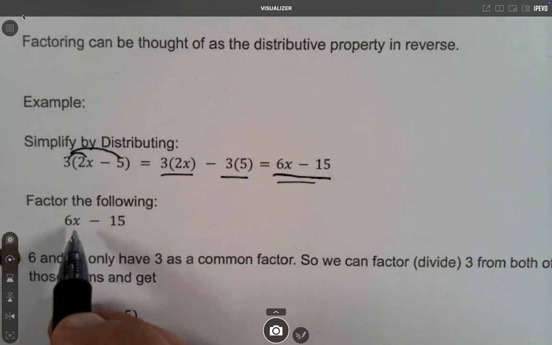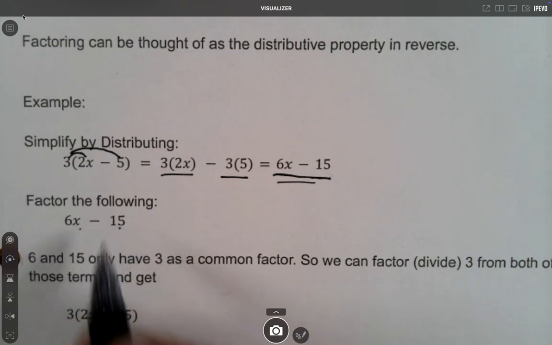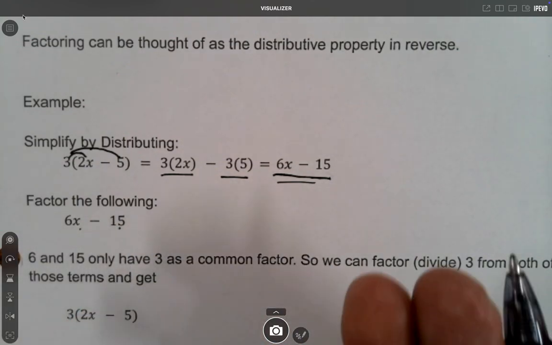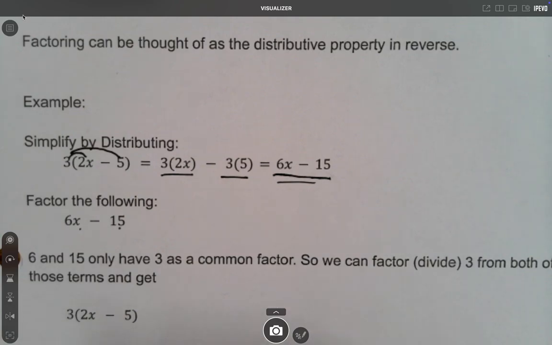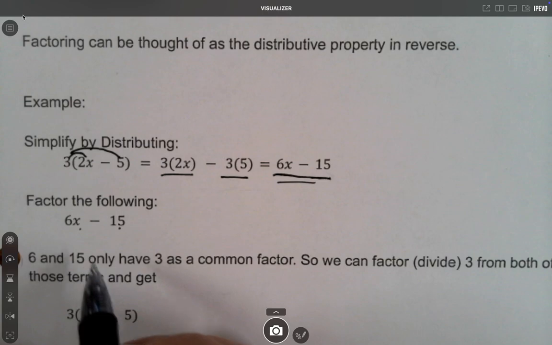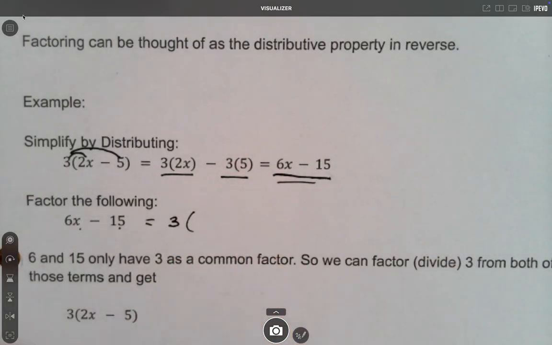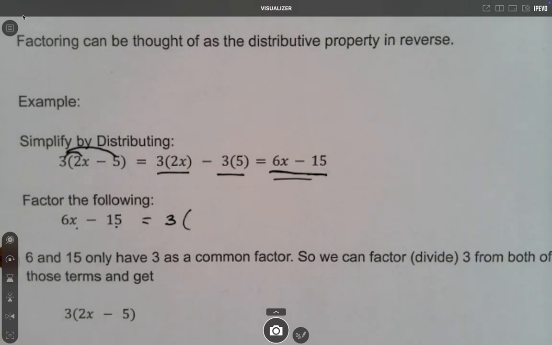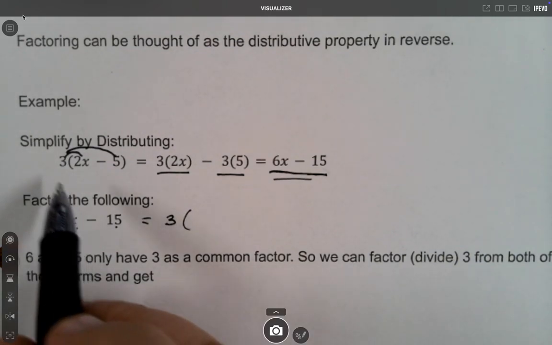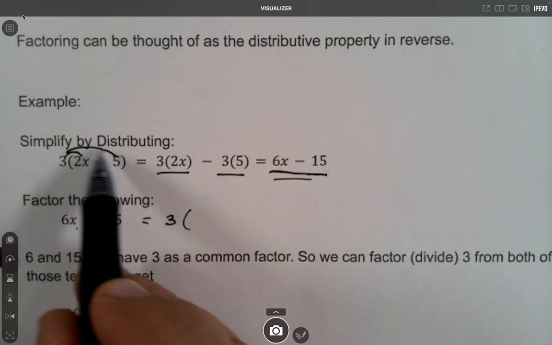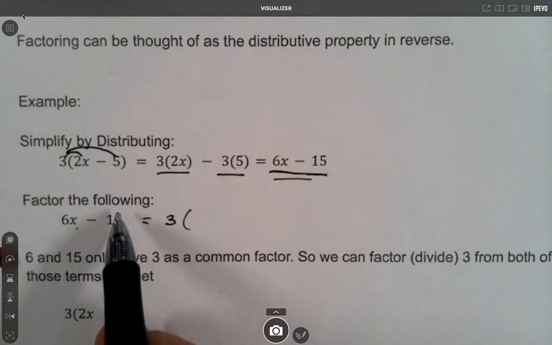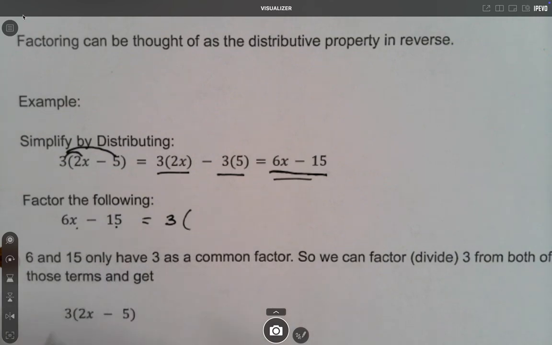So we look at these two terms, 6x and 15, and ask what the greatest common factor for the two of them is. What's the biggest number that would go into both of them evenly? For these two, that would be 3. So I take a 3 and put it outside, and start a parenthesis. Just like with the distributive property we were multiplying by both things, with factoring, since we're doing it in reverse, we're going to be dividing both things.